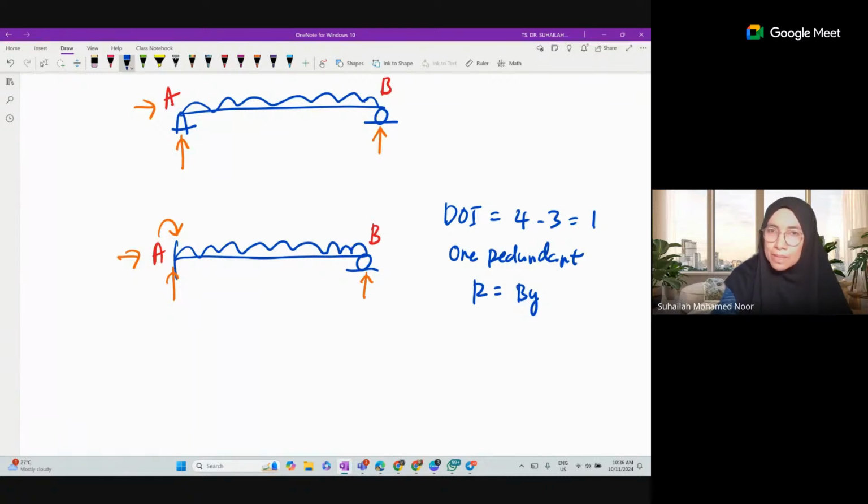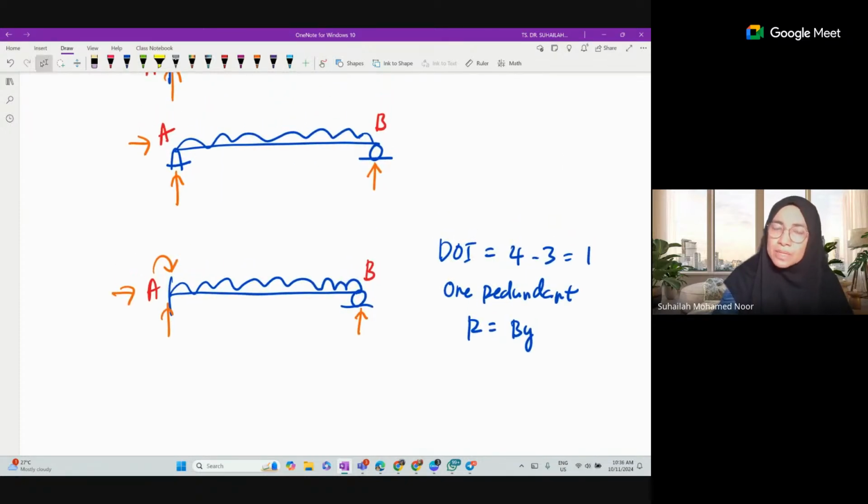The cantilever beam is called the primary beam. The structure after removing the redundant is called the primary beam. If we remove MA as the redundant, we will have a simply supported beam.